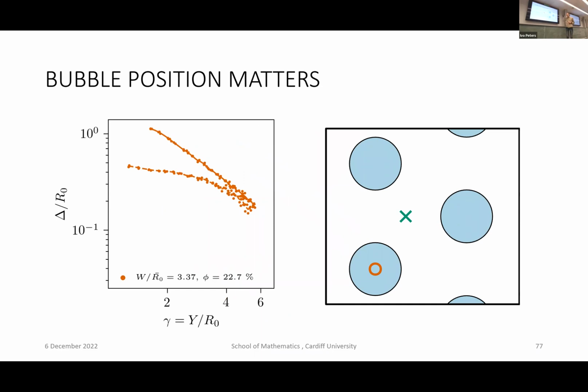But then we started looking at the bubble position, and this is where things get a bit more complicated. These experiments are done at the same void fraction, so the same plate, only with different bubble positions. Here the bubble is positioned in between holes, and on this lower curve, the bubble is positioned right above one of these holes.